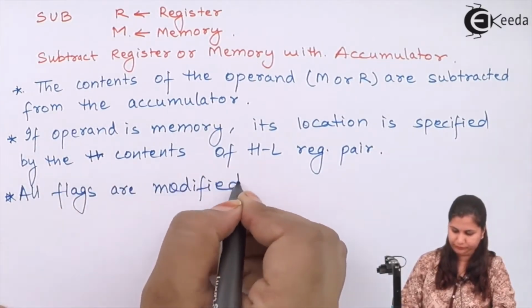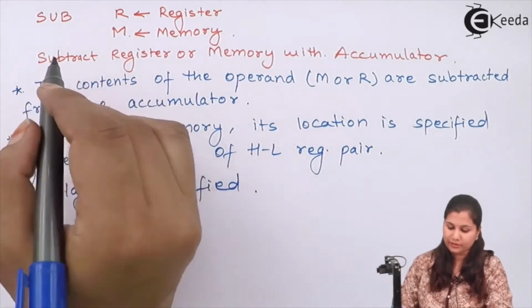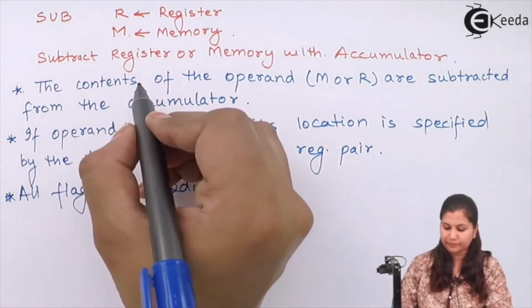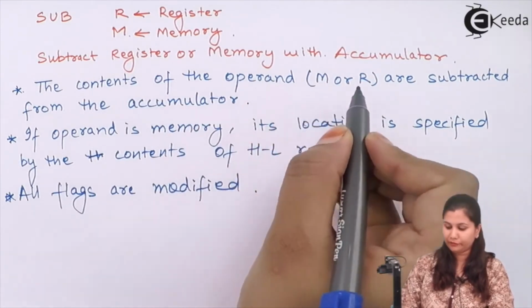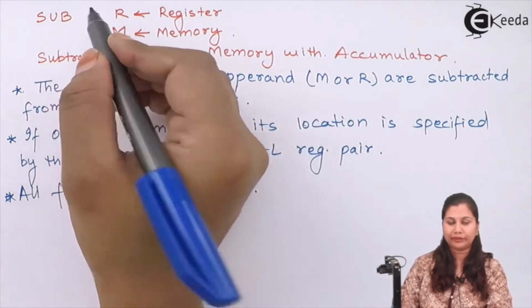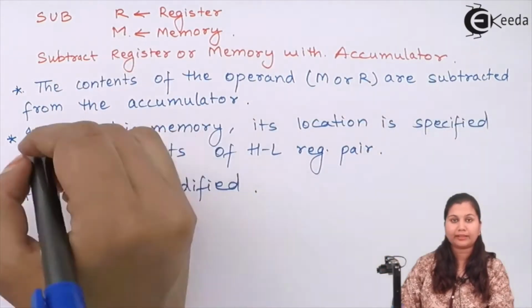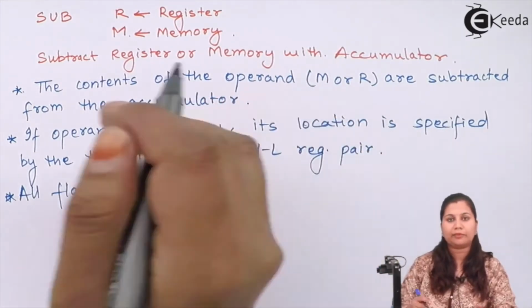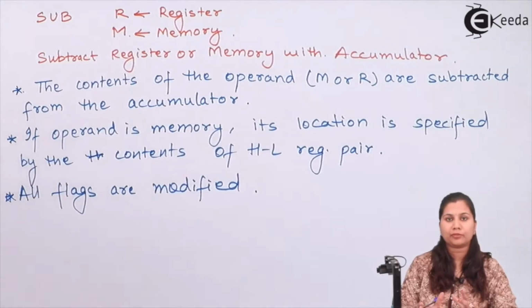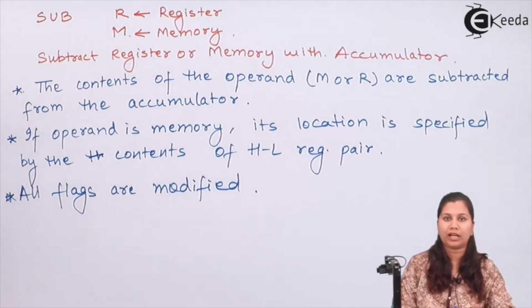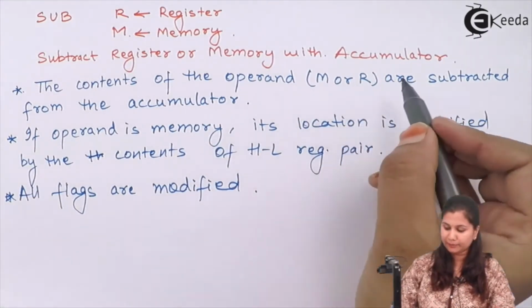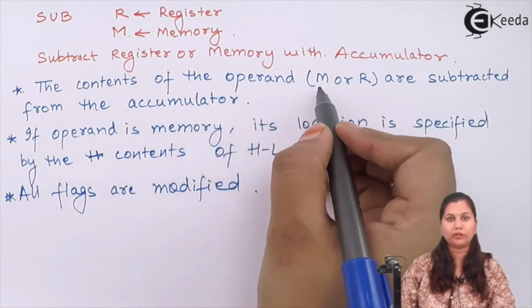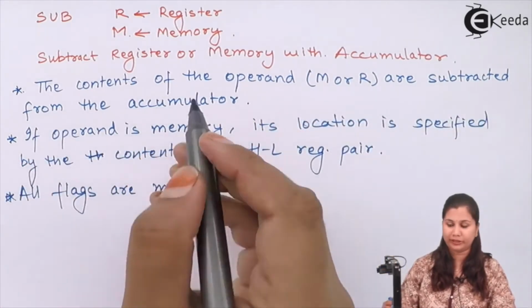So this instruction is to subtract the contents of the operand, if the operand is memory or a register, from the accumulator. For subtraction, the smaller number is subtracted from the larger number. Now here we are subtracting the contents of the memory or the register from the accumulator.